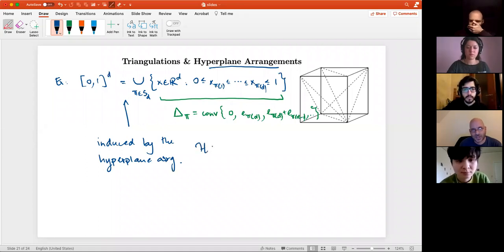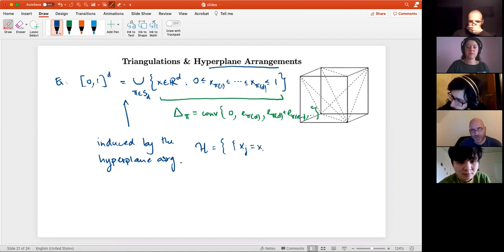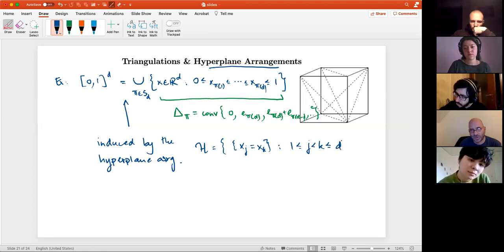Let's call this H. This is the set of hyperplanes of the form x_j equals x_k, where j and k are both between 1 and d.